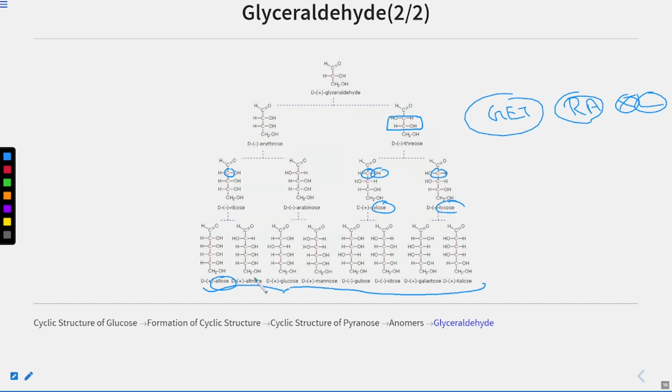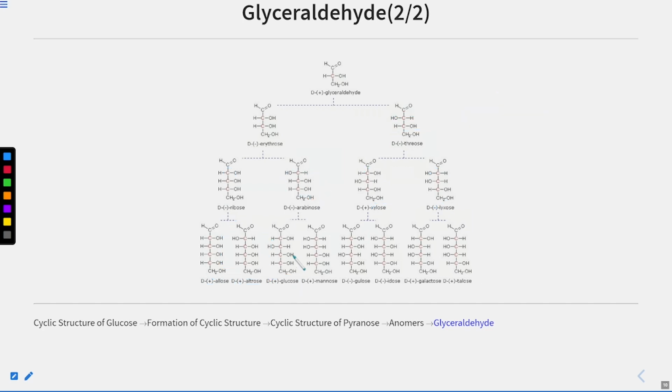Then "altruists": from altruists comes the altrose. Since this group is on the right side, the hydroxyl group will be present on the left side. Then "gladly": from gladly comes the glucose. In this you can see this arrangement has been retained, and only the OH group of this carbon has been changed.